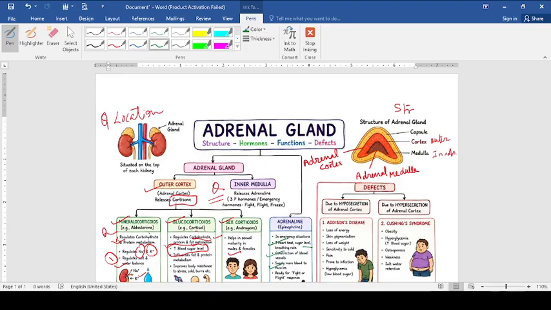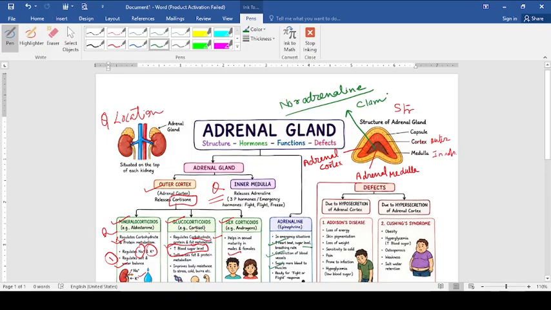So coming back to the calm situation, that calm situation is given by one of the hormones of the adrenal medulla, that is called noradrenaline. I'm spelling it because my writing is not that good, so that you will get the correct spelling. So noradrenaline is the hormone which brings the body back to the normal or calm situation. So this is called the calming hormone.